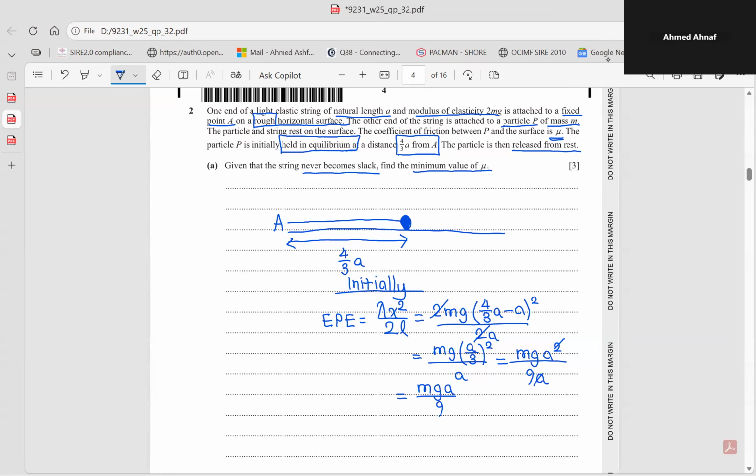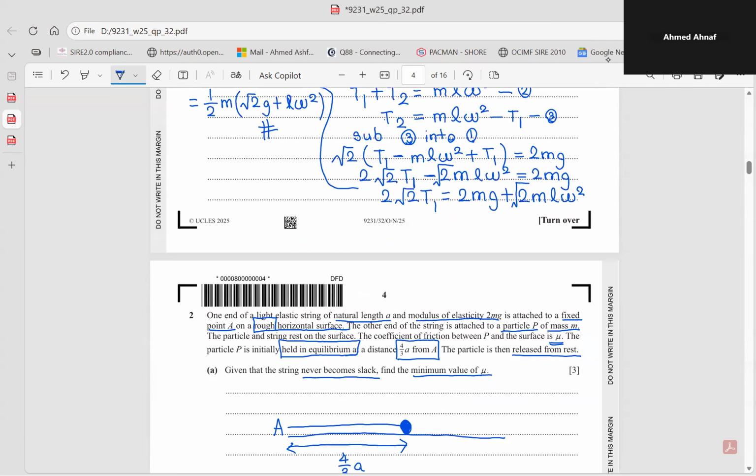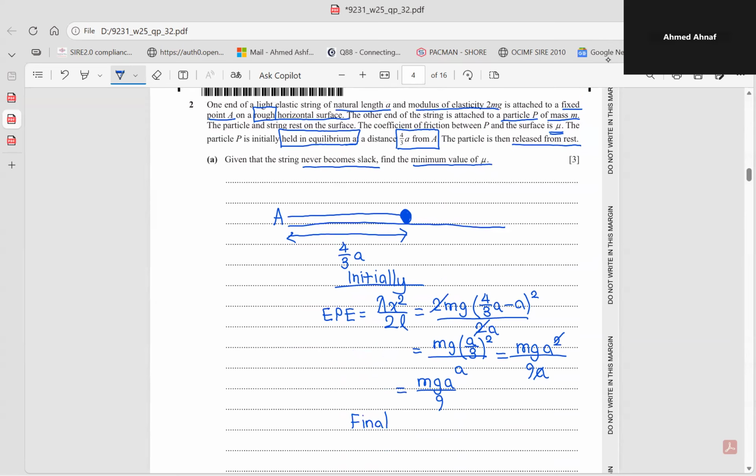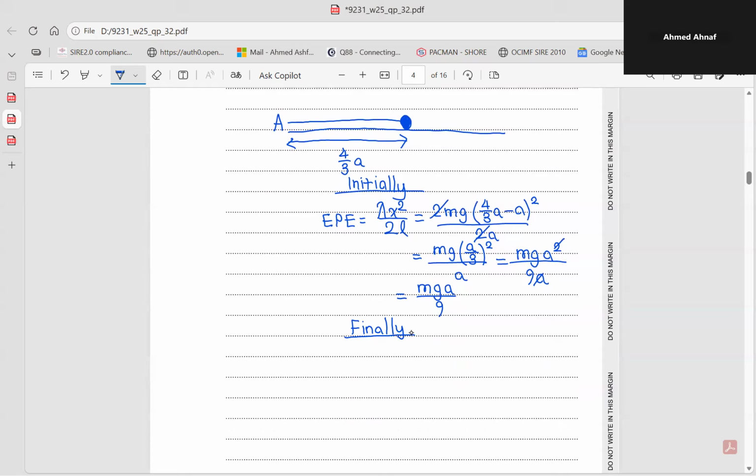Okay, so now we're going to find the final energy. Released from rest, let's just continue with the string. EPE, we can just let it be equal to 0.